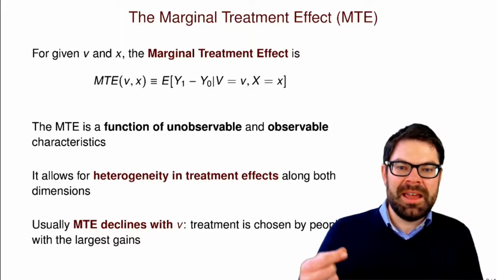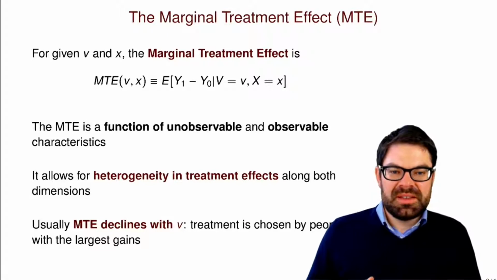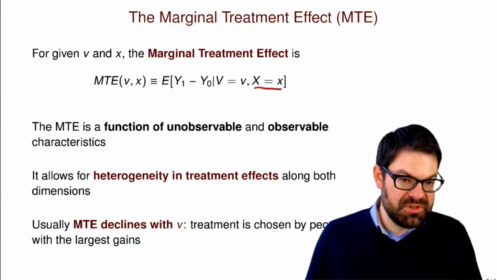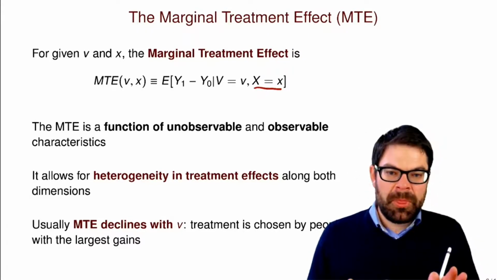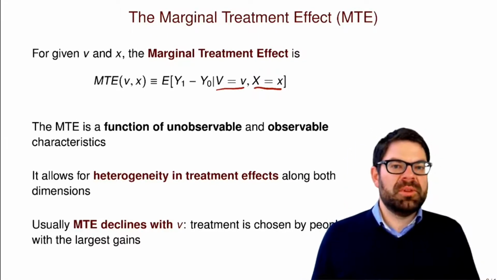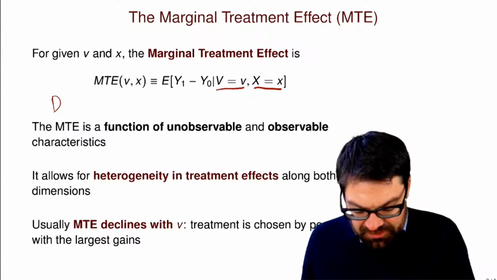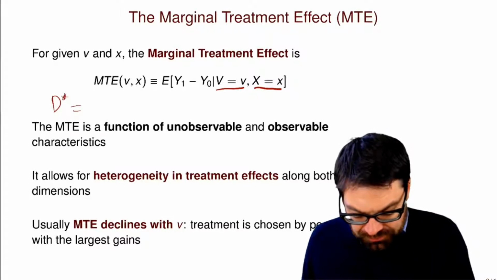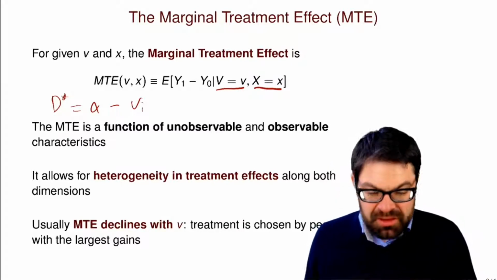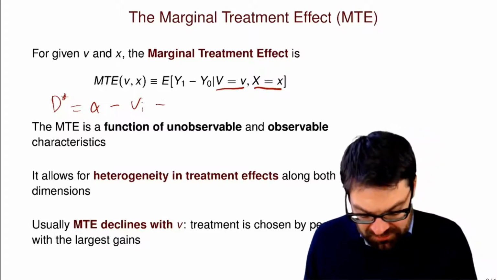Underlying all this is the marginal treatment effect, which is the treatment effect for a given level of X, which is an observable characteristic, but also for a given level of the likelihood of taking the treatment. So think about the simplest switching equation that you've seen, where you just have a constant gain and then maybe an individual specific cost and maybe some instrument thrown in there for good measure.